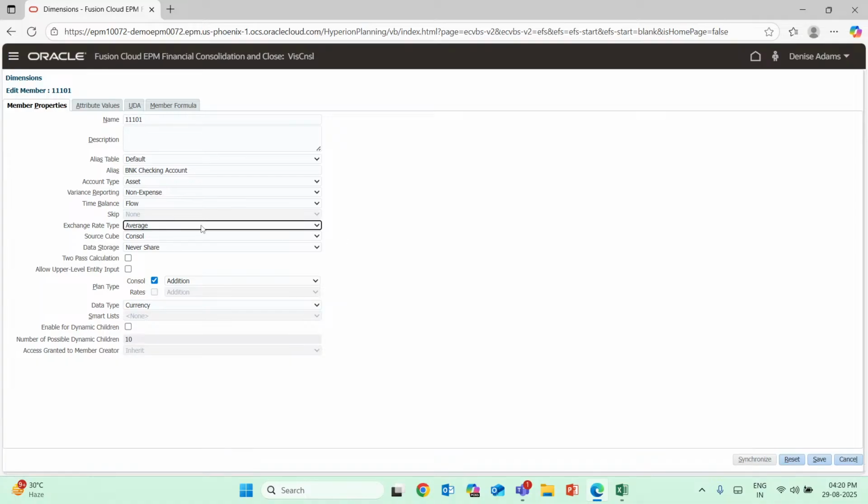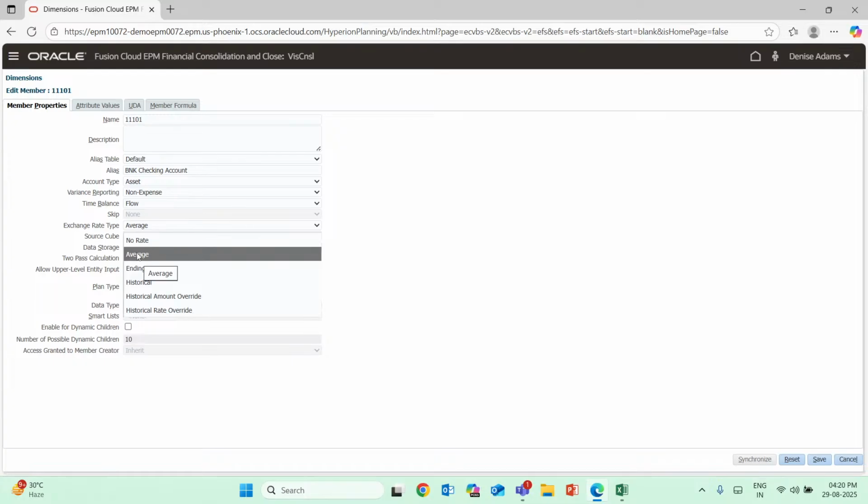This average rate is specified by the client, which rate we have to take. If we do not have any idea which rate we have to take, then in that case the account will pick the average rate one by one, and average is basically used for the income statement, that is revenue and expenses.